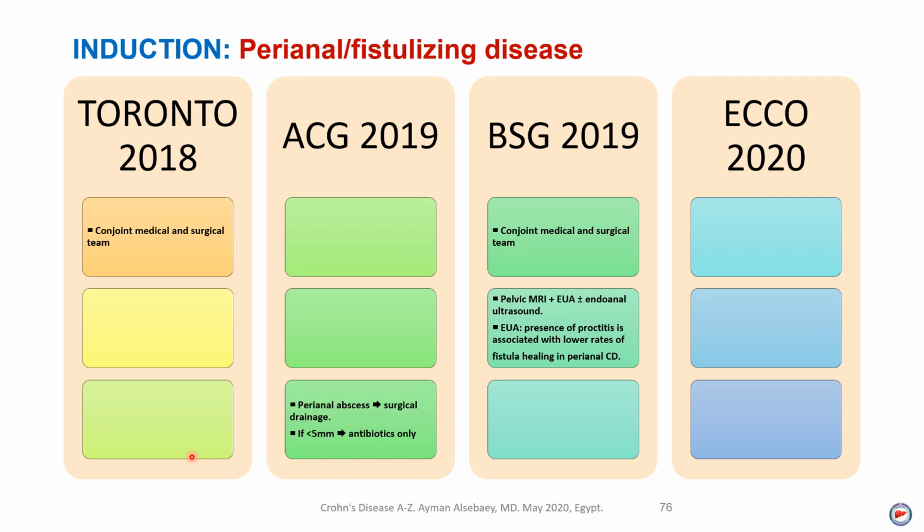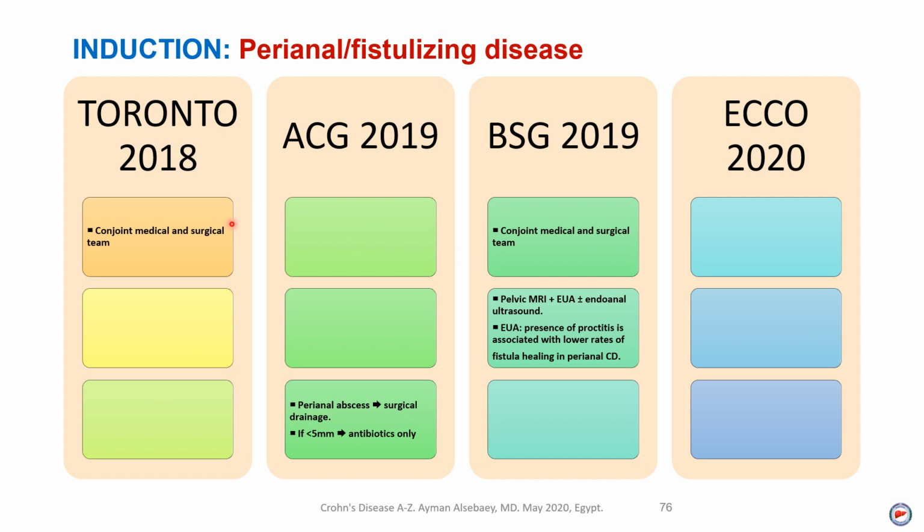If you have a case of perianal fistula, the first question you should ask yourself is whether there is associated infection or abscess or not. Never give medical treatment for perianal fistula if there is infection, because all the medical therapies will increase the infection. So when you have a case with fistulizing disease, number one, I will consult the surgeon for co-management.